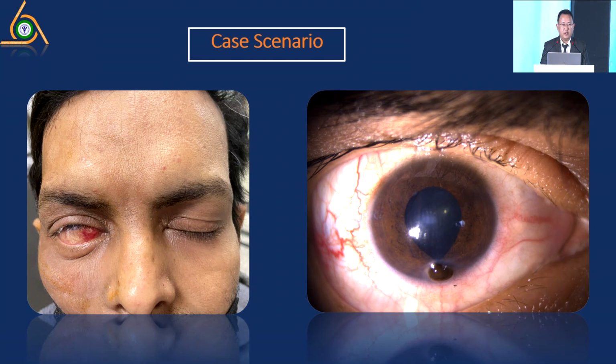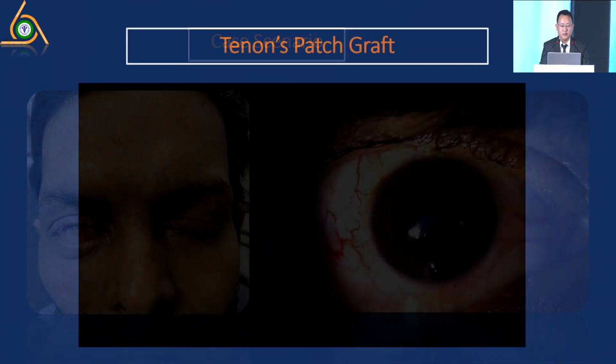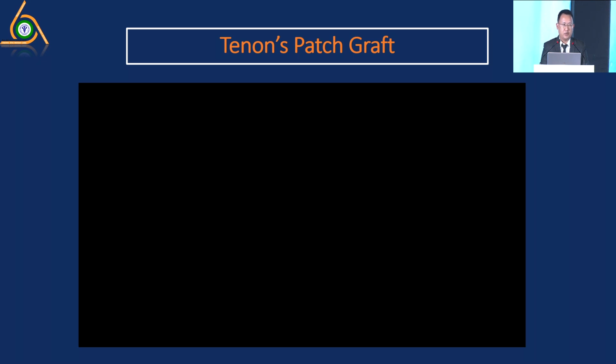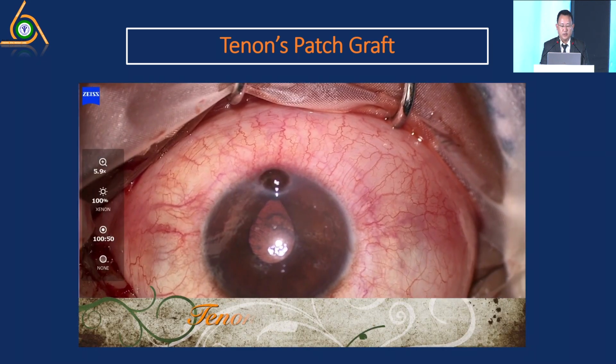The next case scenario is a case of neurotrophic corneal ulcer perforation. Here we have considered a Tenon patch graft in this video.